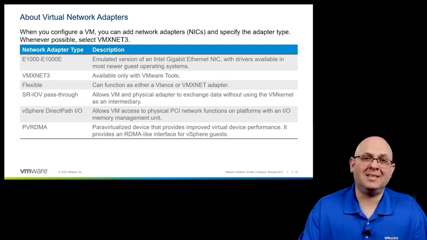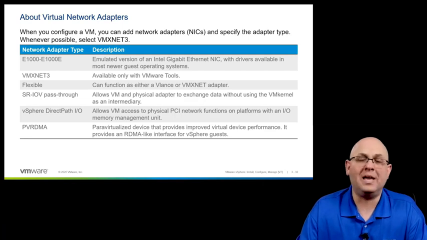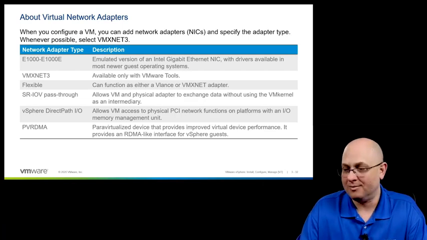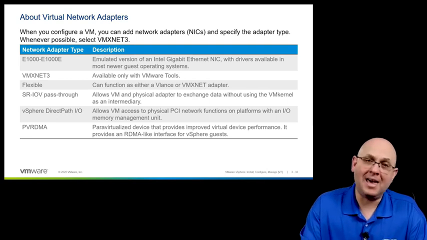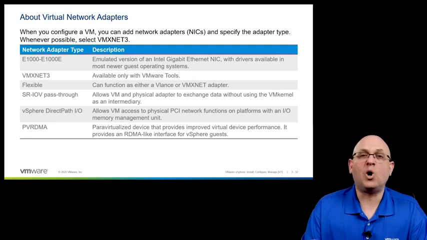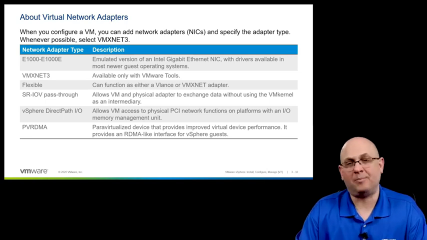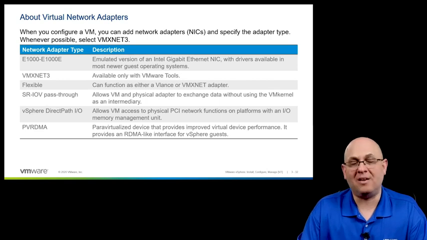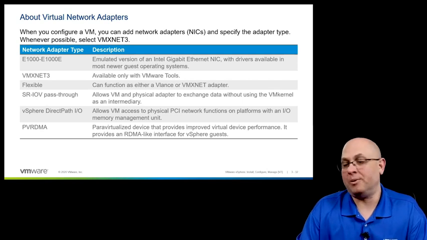For the most part, the default is going to be an emulation of an Intel E1000 or E1000E network adapter. Now, those are gigabit network adapters, and if you leave it on that default, your virtual machines will only participate on the network at gigabit speed, regardless of if you have physically higher speed network adapters on your hosts. 10 or 25 or 40 or 100 gig adapters or more, right?